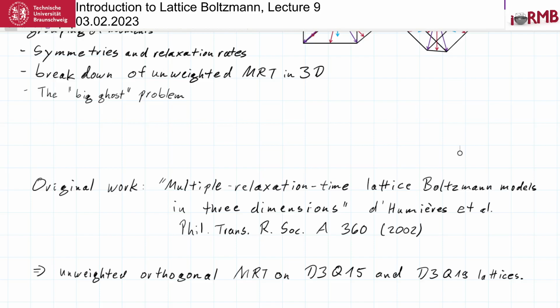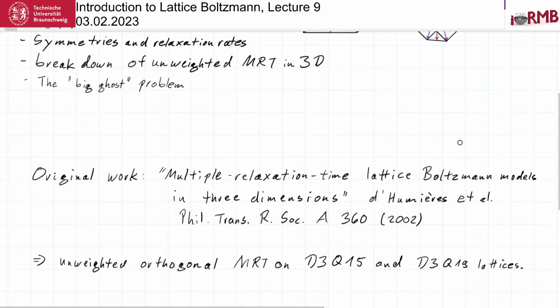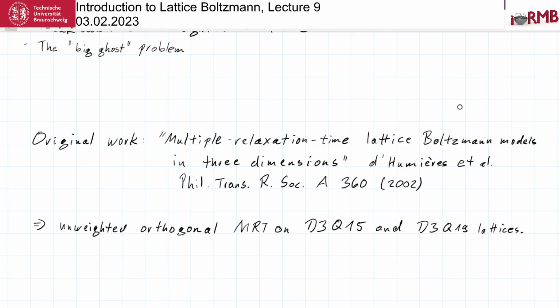So this is a very important paper historically, and from the point of view of how many citations it has. So if you do anything with lattice Boltzmann, you should be aware of this, and you should probably read it also.